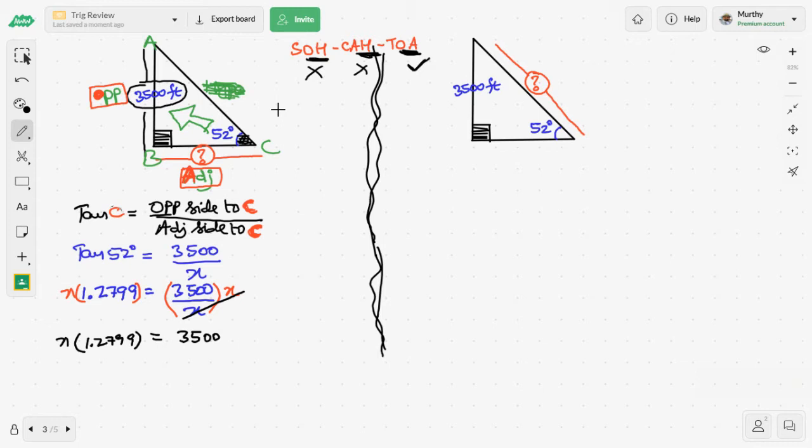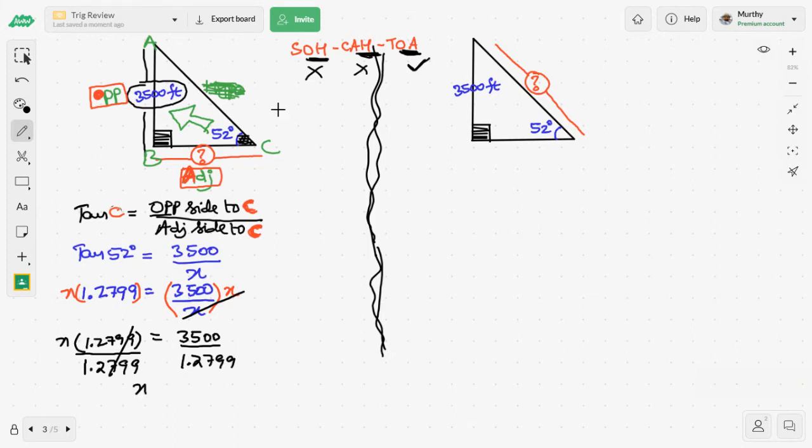I'm sure you know how to cancel out this one. This one here is multiplying, so you go for the division on both sides.